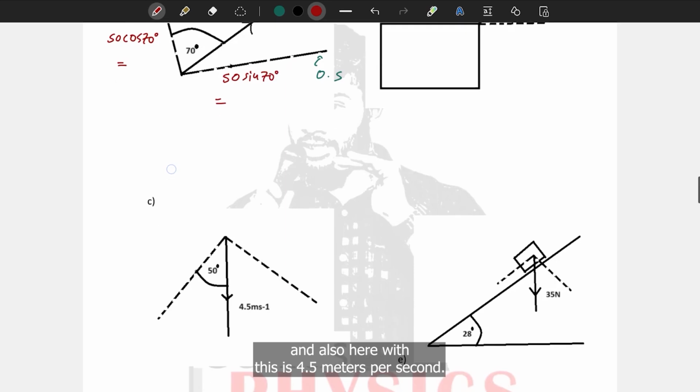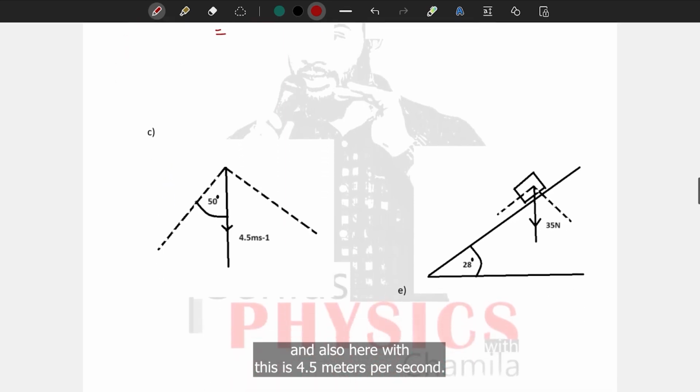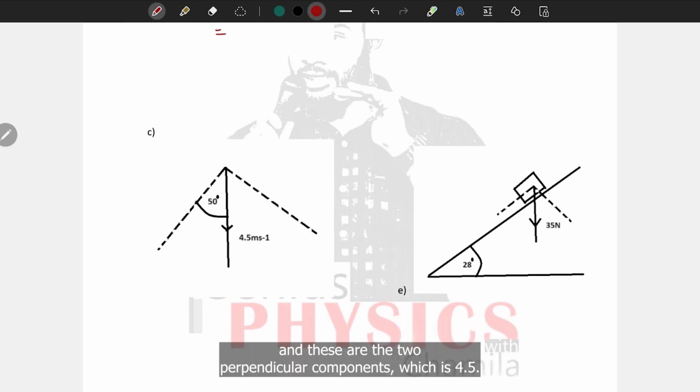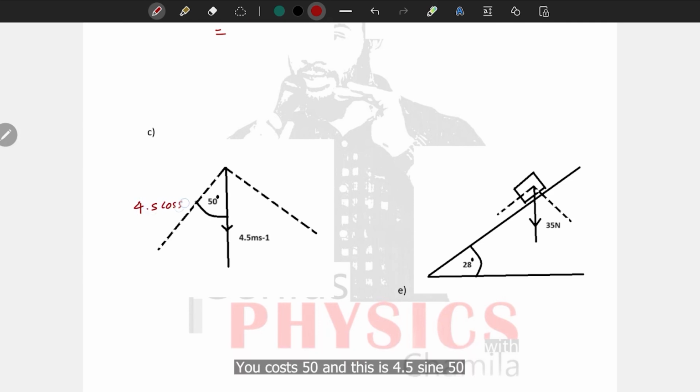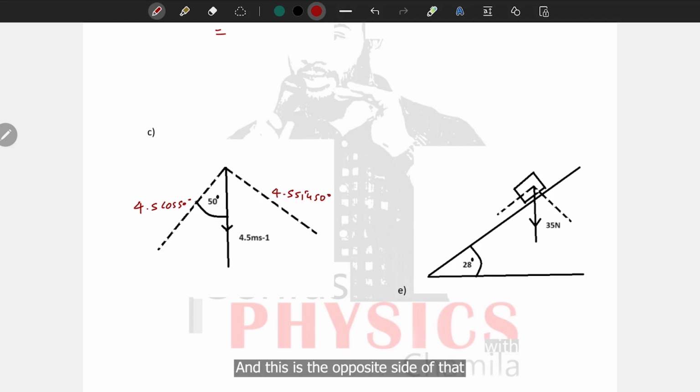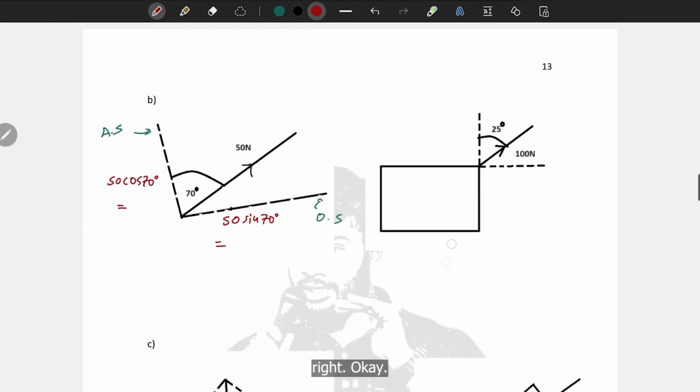And also here, this is 4.5 meters per second, and now you have to recognize these two major sides, and these are the two perpendicular components, which is 4.5 cos 50 and this is 4.5 sin 50, because it's crystal clear that this is the adjacent side of this and this is the opposite side of that, right?